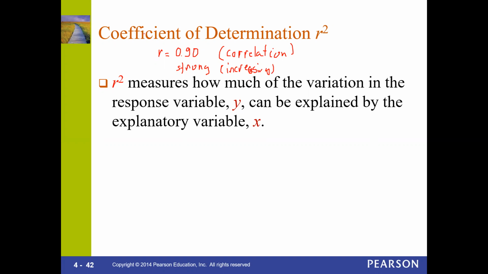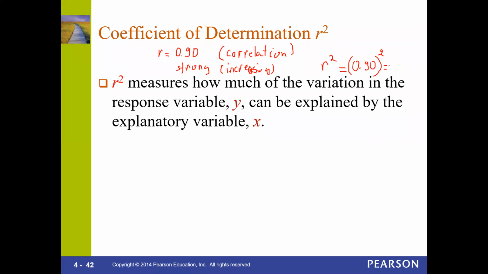So the R square here is something else. R square is always equal to, suppose the R is 0.90, that means it's going to be 0.90 squared.